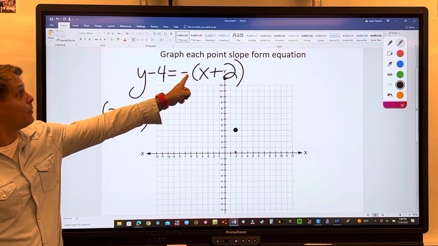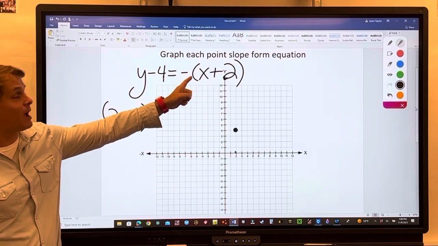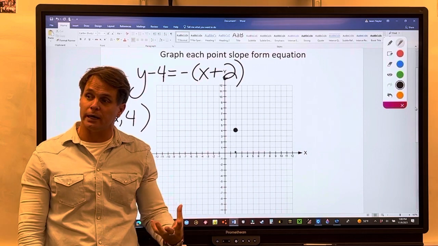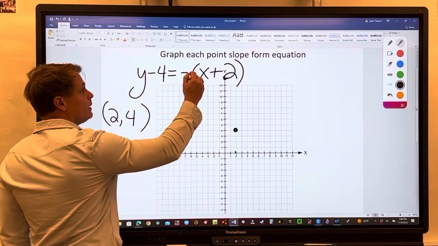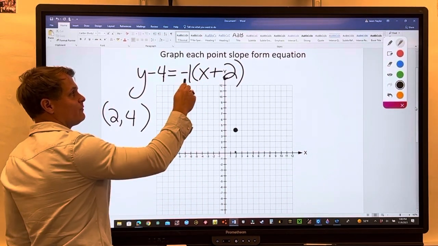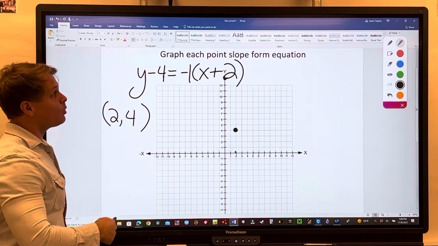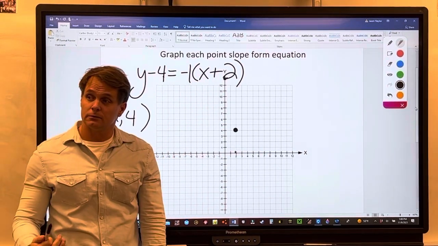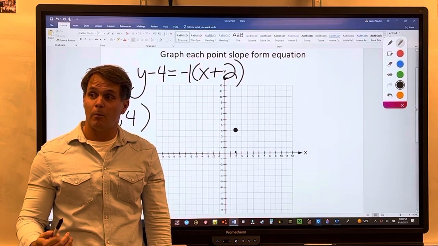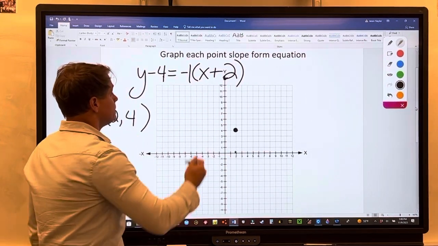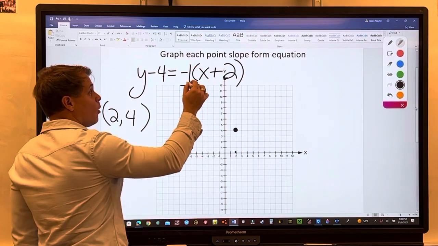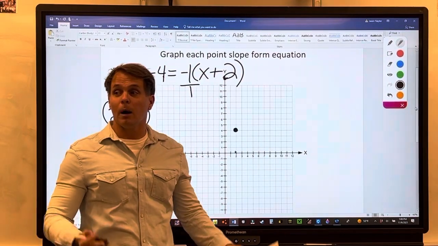Well, there's no number there. I have a negative sign, but no number. What number could I put there? 1. I can put a 1. I don't want to put a 0 because then if I multiply this by 0, I'm going to have nothing there. Now, how do I make negative 1 a fraction? Put a 1 under it. Now, the negative 1 means I go up or down?